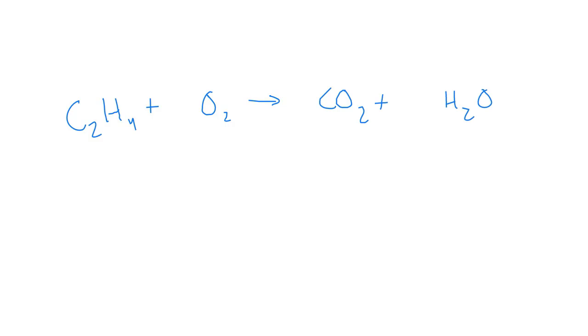Okay, so they gave us all the reactants and products we need. Since we know it's a combustion, we're going to have water. But they didn't give us any coefficients, so that's what we have to figure out. So let's go ahead and balance this equation. How do you want to balance it?